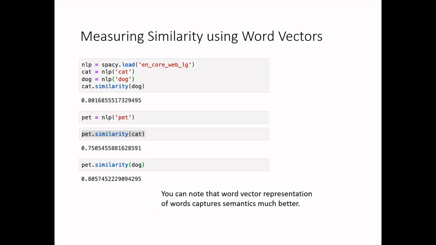So now let's use this idea to do the similarity. We can get the vector representation for cat, and a vector representation for dog. If you want the similarity between cat and dog, cat dot similarity dog, we get 0.80.